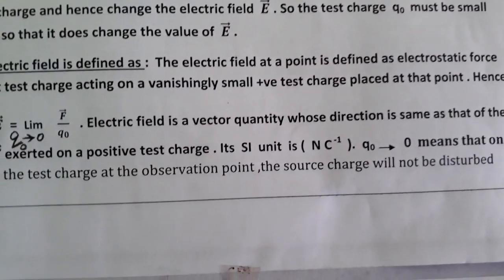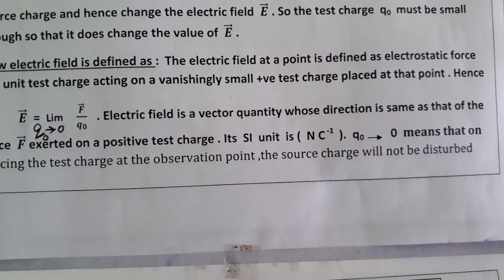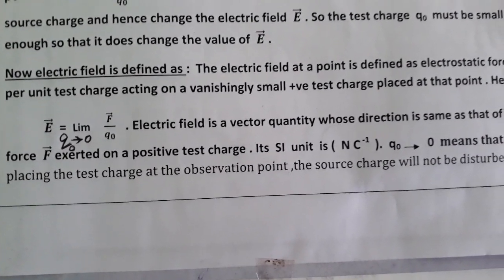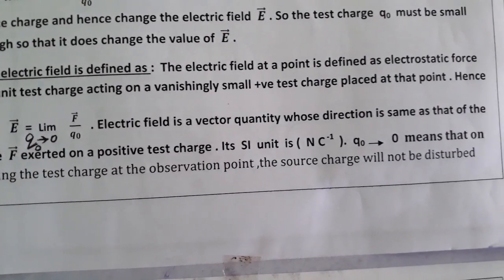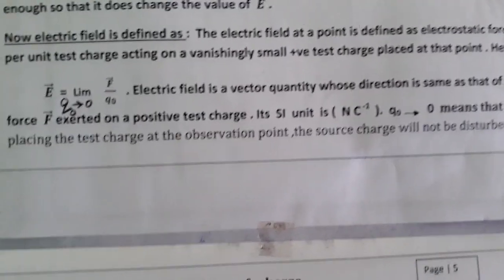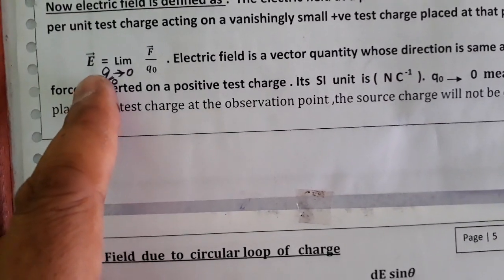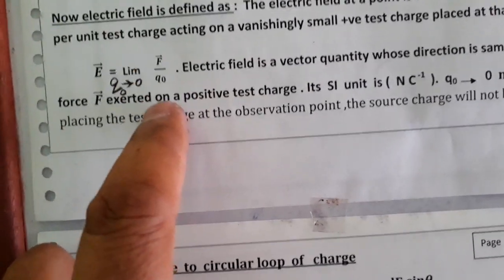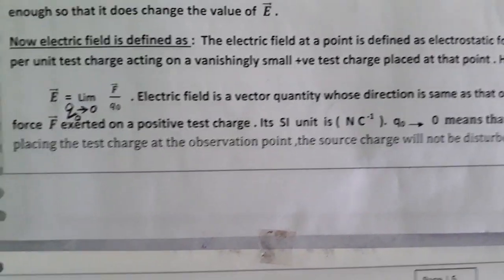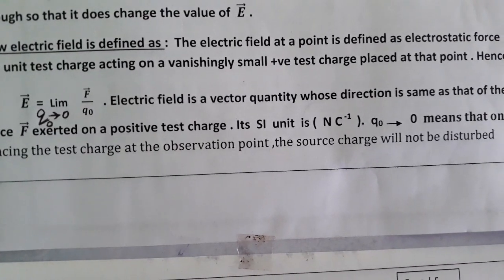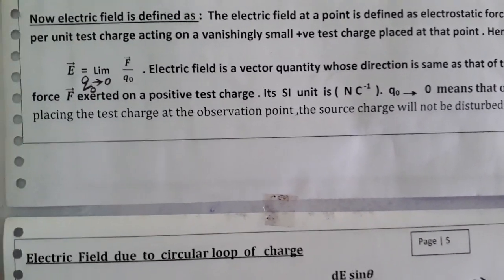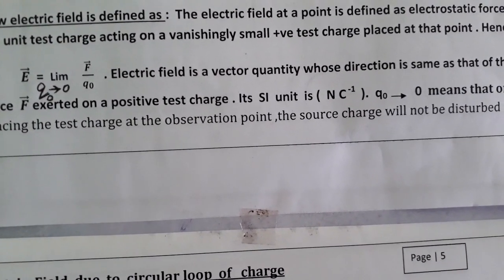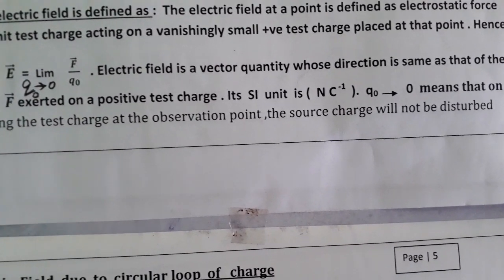The electric field at a point is defined as electrostatic force per unit test charge acting on a vanishingly small positive test charge placed at that point. Hence we can write E equal to limit Q naught tends to 0 of F by Q naught. Here Q naught tends to 0 means that on placing the test charge at the observation point, the source charge will not be disturbed.